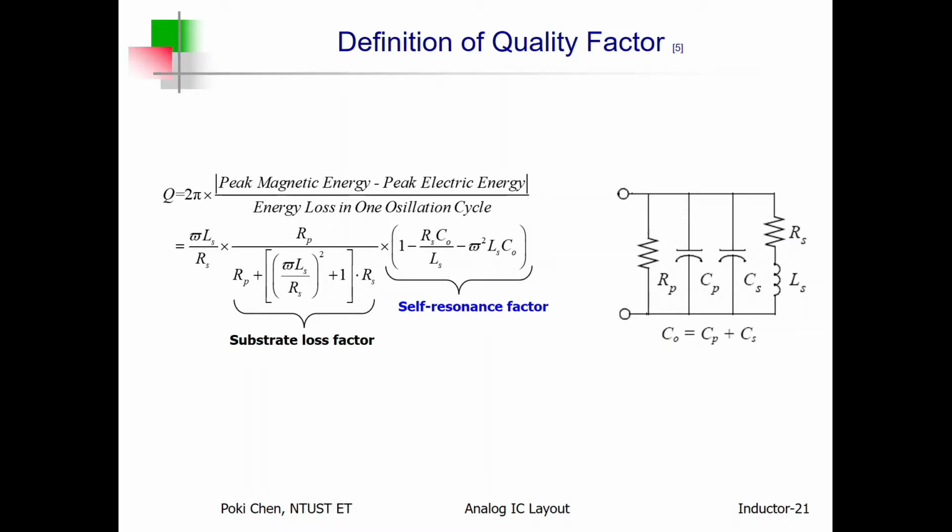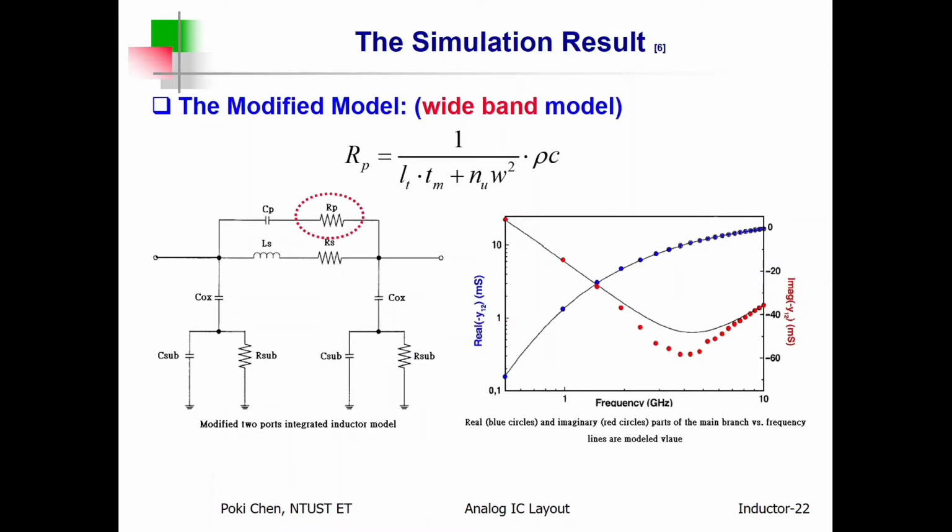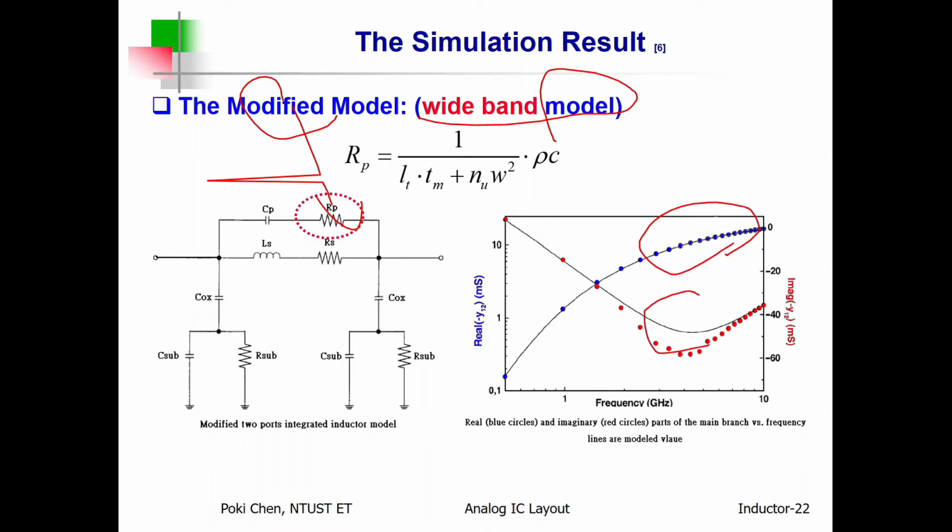This is the definition for Q factor I mentioned already. And here is some simulation result with one of the models called the wideband model. You can see, with the multiplication here, for such a simulation this one looks good, but for the other parameter it seems not so good.